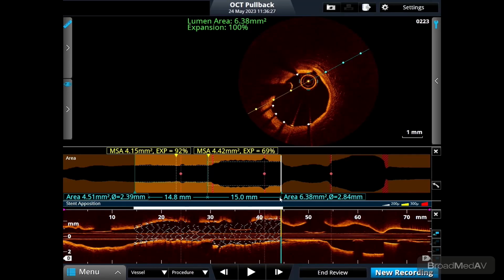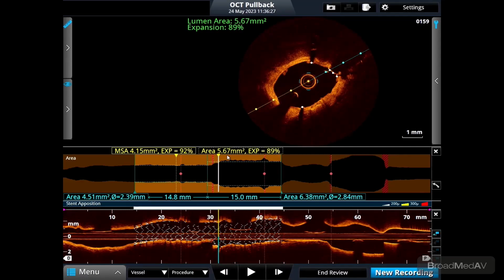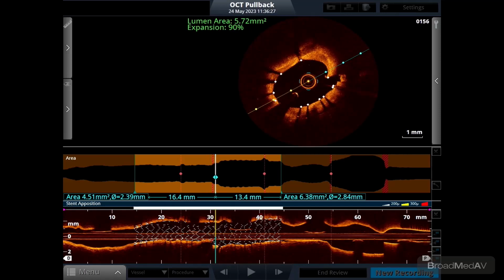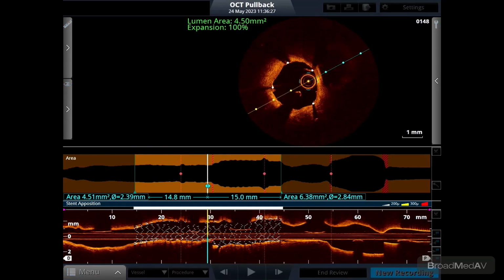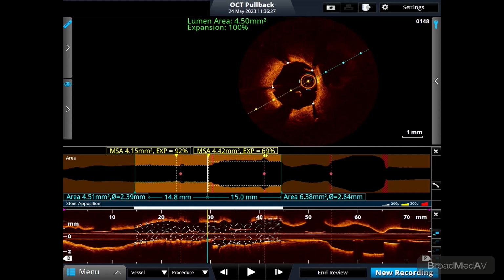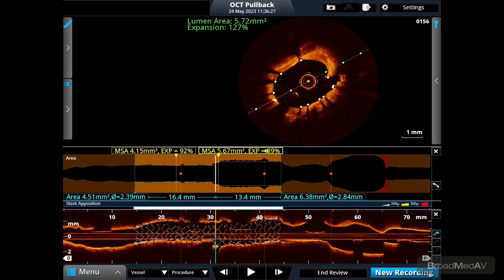So the length here comes to 30 millimeter, maybe the 28 millimeter stent elongated to 30 millimeter. The expansion of the proximal half, I'm bringing before diagonal, after diagonal. It shows 89%, which is a good expansion. The distal half 92%. If we divide the stent, actually it is not dividing at the diagonal, hence it is showing 69%. But if we place it before and after diagonal, it's showing 89 and 92%, which is well expanded.